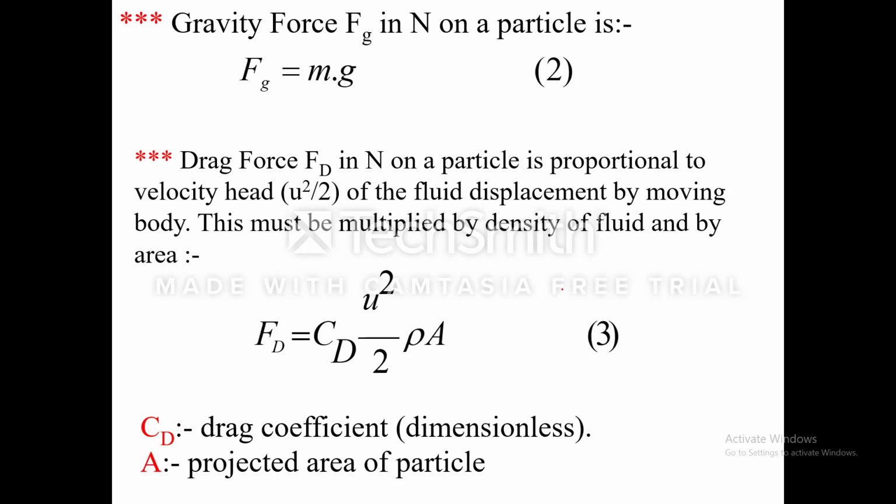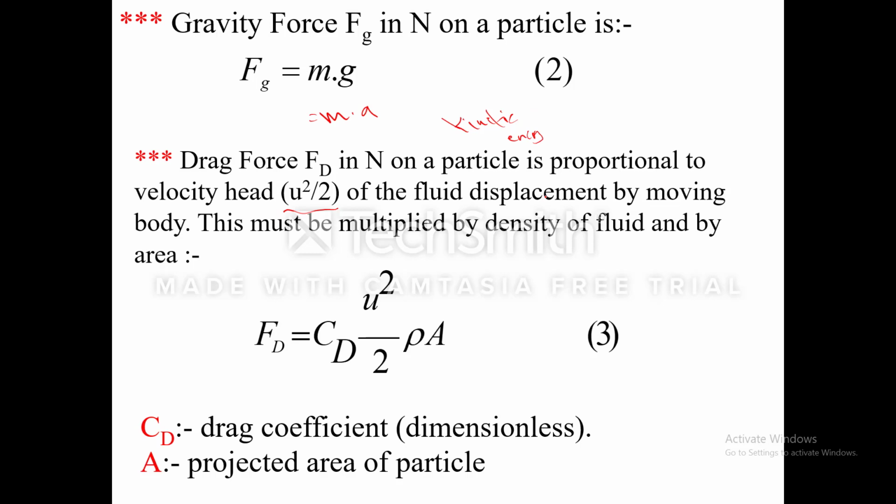Gravity force in Newtons on the particle is Fg equals m times g. Sometimes we can put m times a. Drag force Fd in Newtons on the particle is proportional to the velocity head u squared over 2, and this is nothing more than the kinetic energy of the fluid displaced by the moving body.